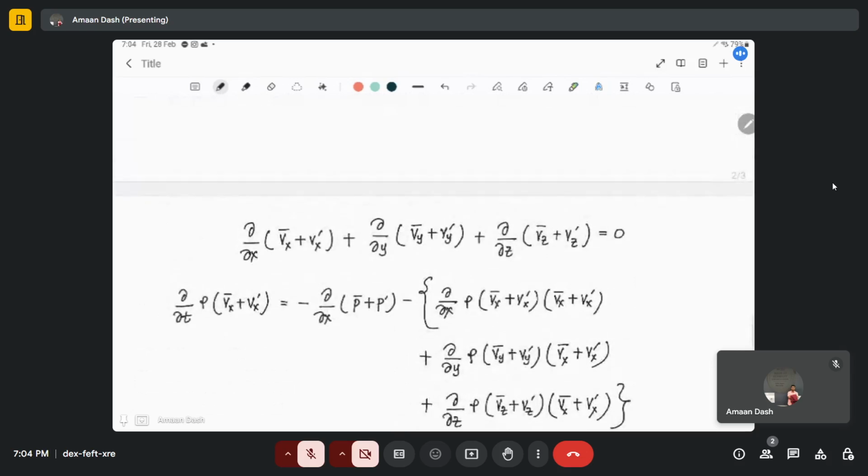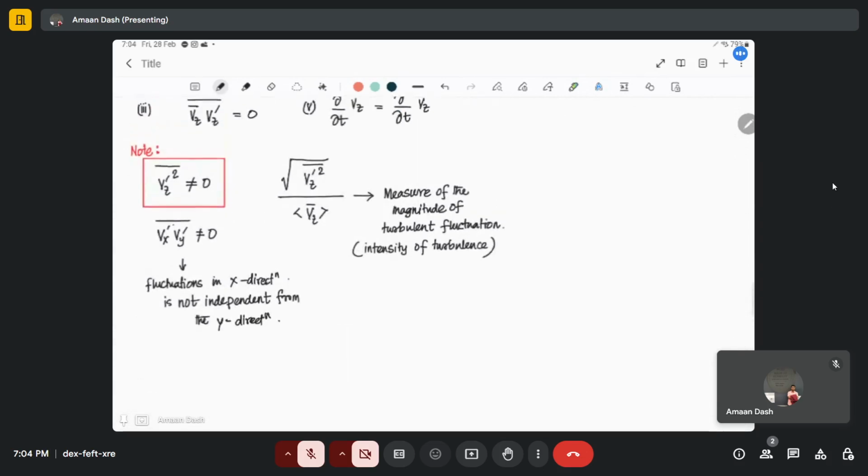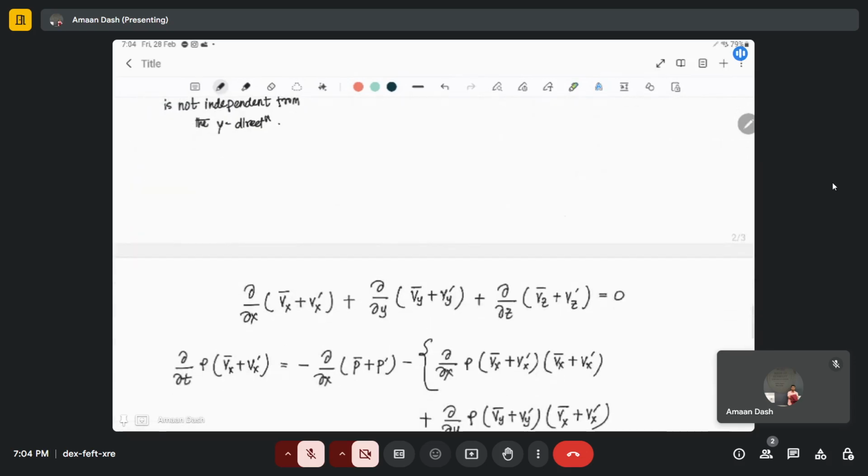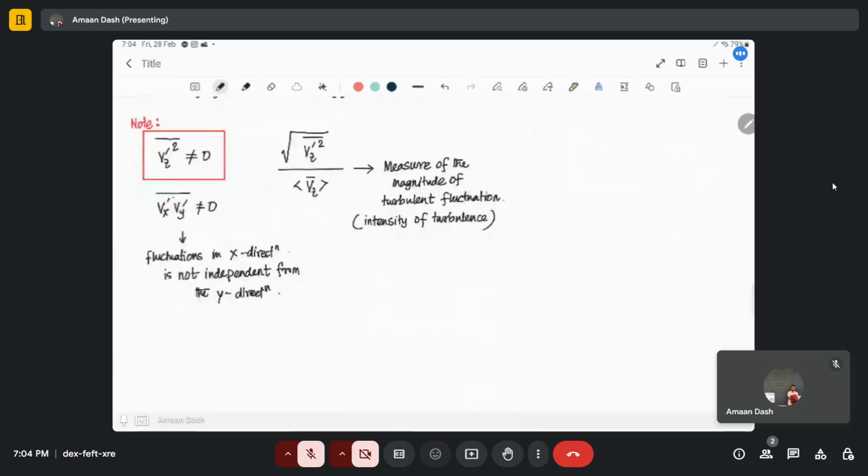So let's start with this one. If you time smooth this equation, integration over this term will be the average of the average. That will be nothing but the average value that we know. So average of the average will be the average value, and average of this fluctuating component, that is Vx prime bar, will be equal to 0.